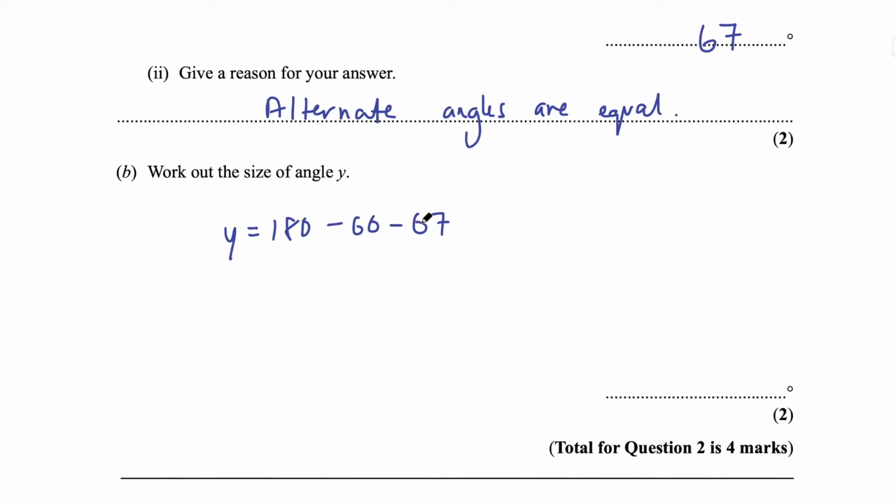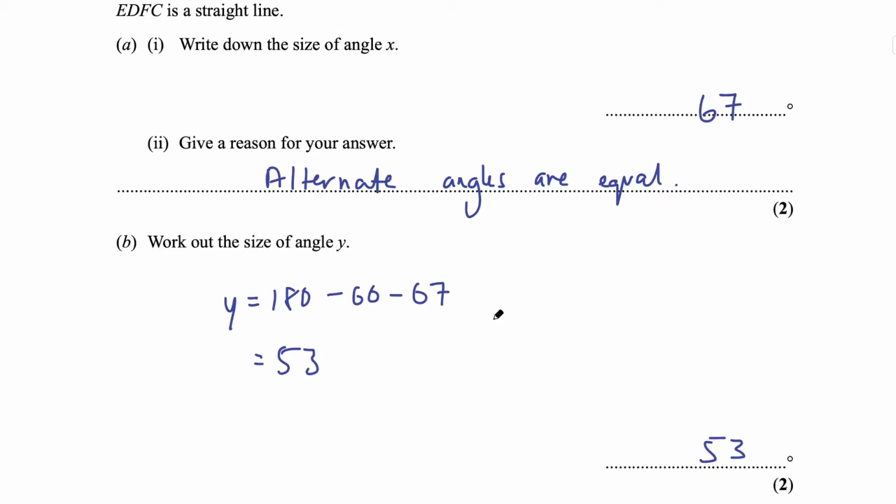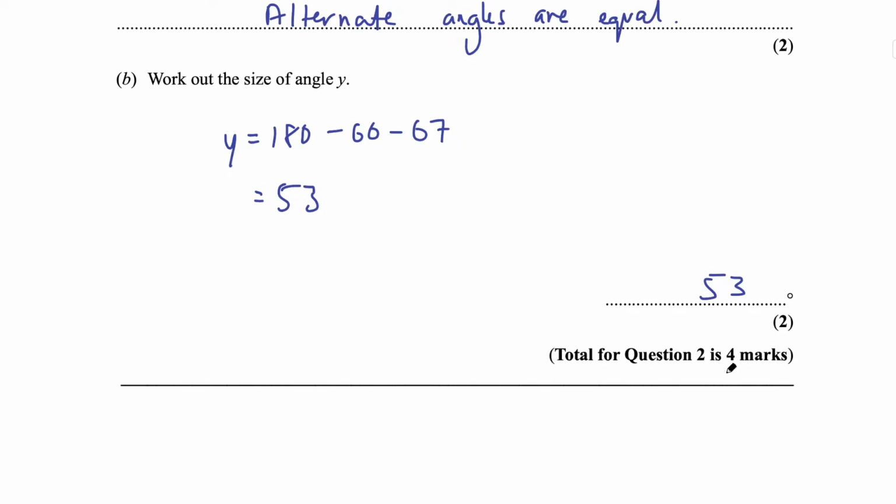That's going to be 127, and 180 take 127 is going to be 53. Okay, so that's for part B. That's all I would use for that. Again, just to be clear, if it says give reasons for your working out, you need to give reasons for all of these angles in here. Alright, so that was question 2 for 4 marks.